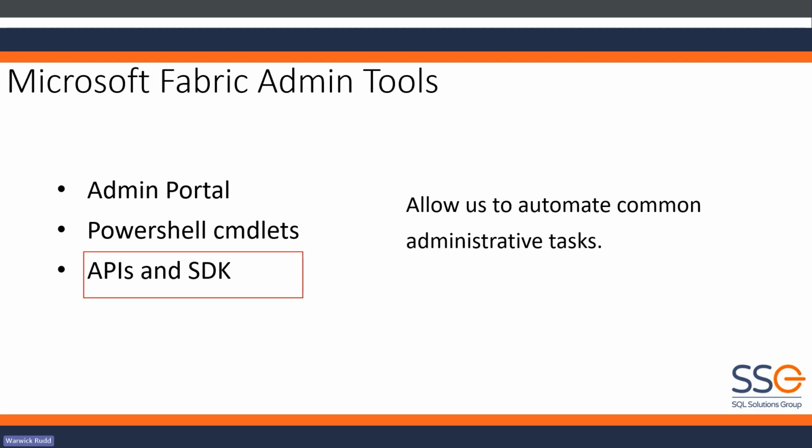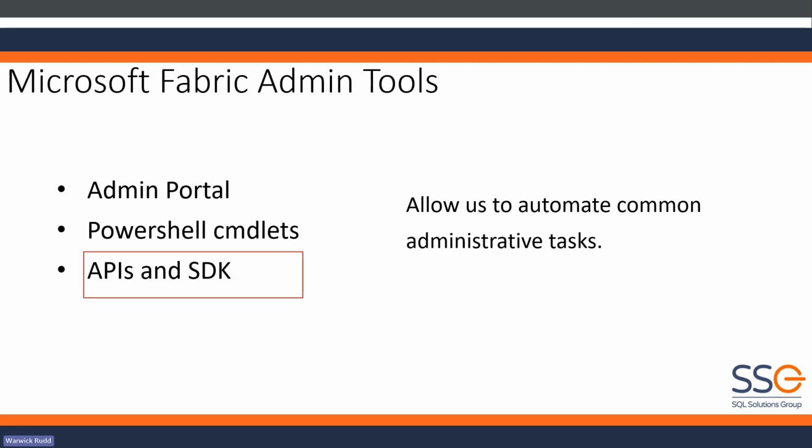This is where you may have applications in your environment that you're using. Let's say you have an intranet, and on that intranet you could have various links to go off and do certain things. This is where you can embed access and tasks from Fabric straight into that intranet to take it to the next level.